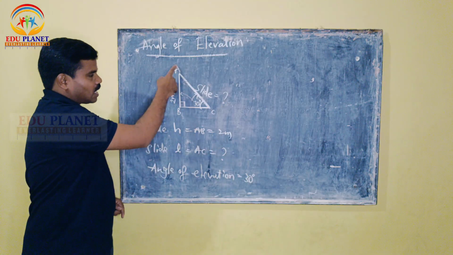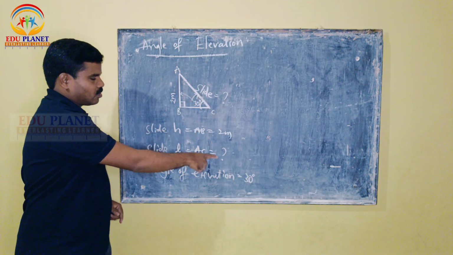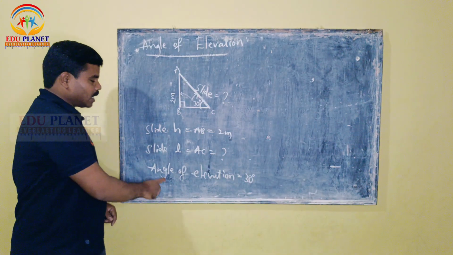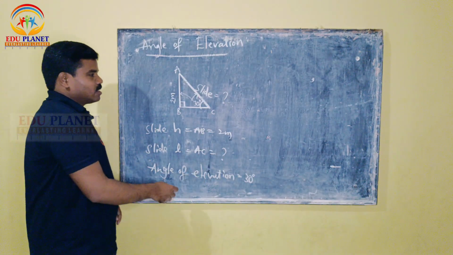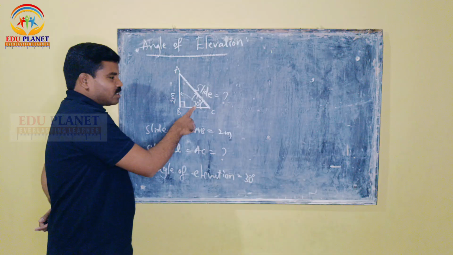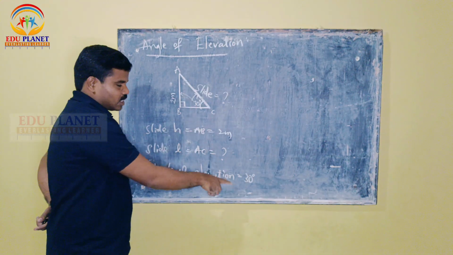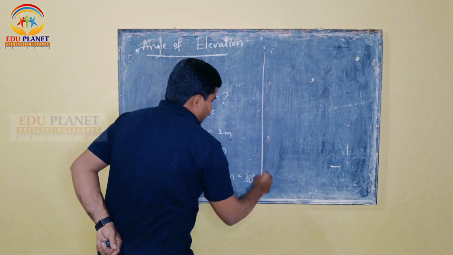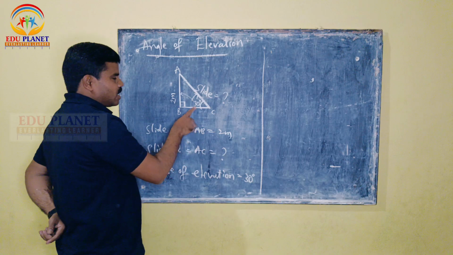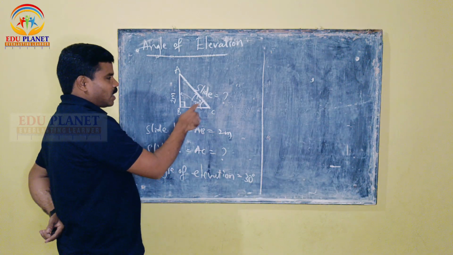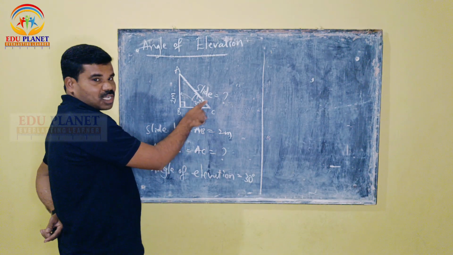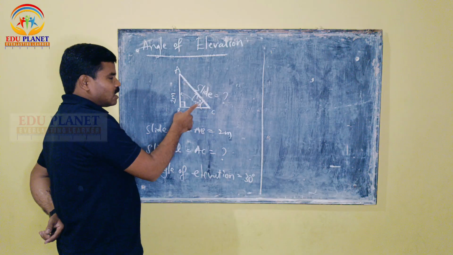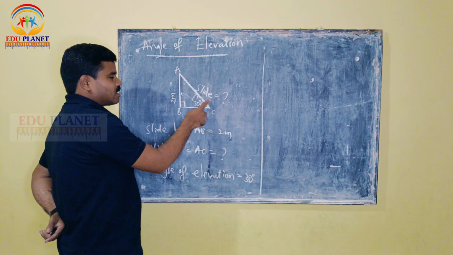Slide length equals AC, which we need to find. The angle of elevation with the ground is 30 degrees. By considering 30 degrees, we need to find this AC value. How can we link the given side and the target side?